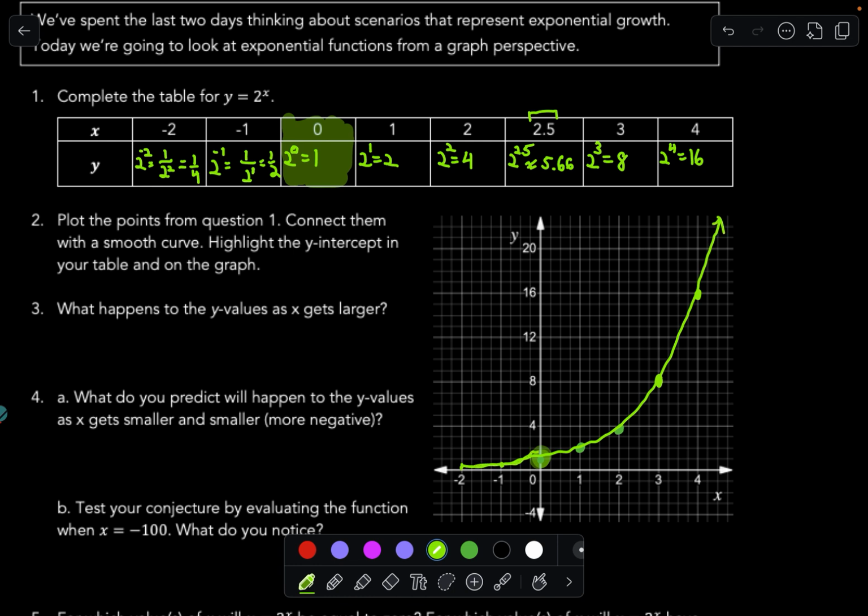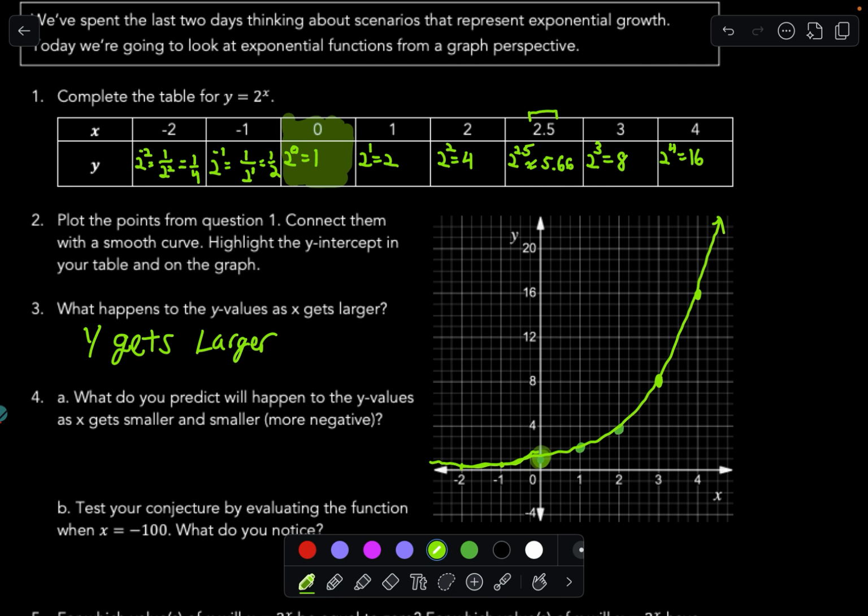And it keeps flattening out the further to the left. What happens to the y values as x gets larger? Y gets larger. What do you predict will happen to the y values as x gets smaller and smaller, more negative?